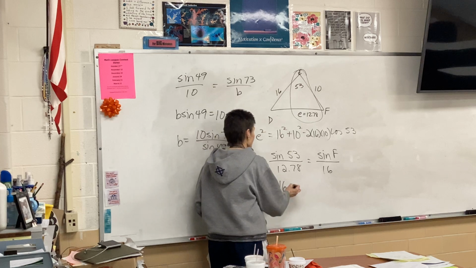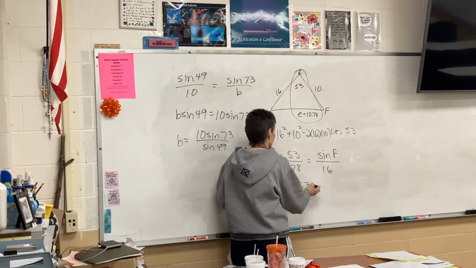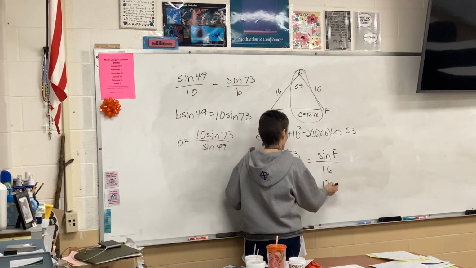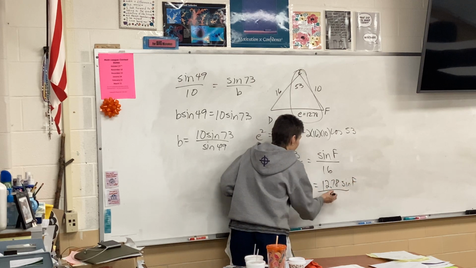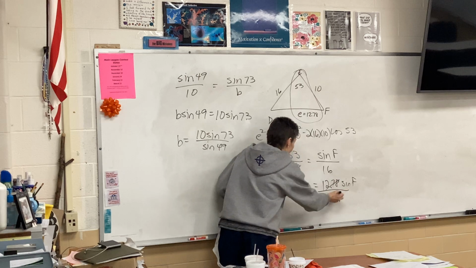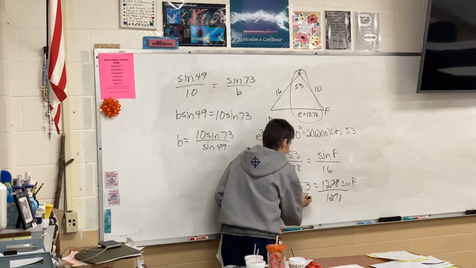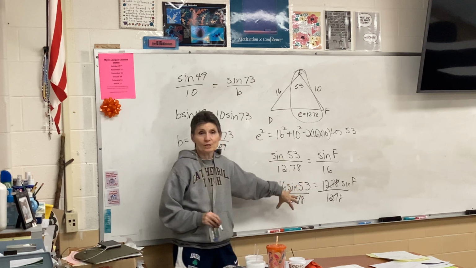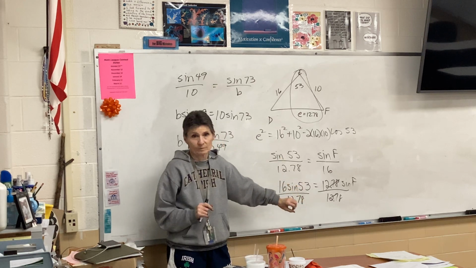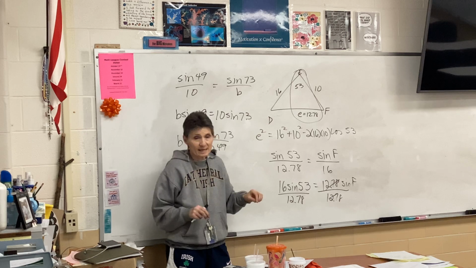So 16 sine 53 equals 12.78 sine F. I'm going to divide by 12.78. If you type this fraction into your calculator, you will get a decimal. The decimal is not the answer.